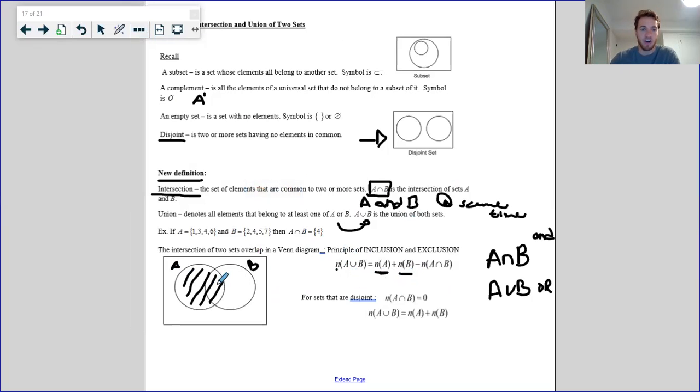Now, if I count all of B, that will be here. Now, as you can see, if I do A plus B, I'm counting this middle section. I'm counting it twice. That's why the black marks and the red marks are there. So what we're going to do is we're going to subtract that intersection once. So that's why this formula makes sense.